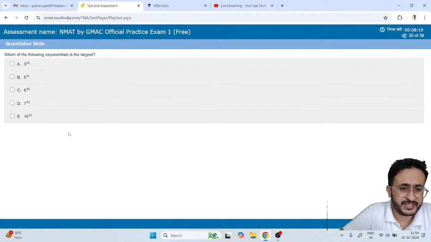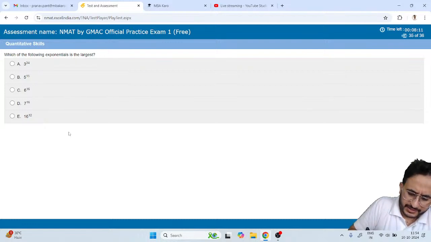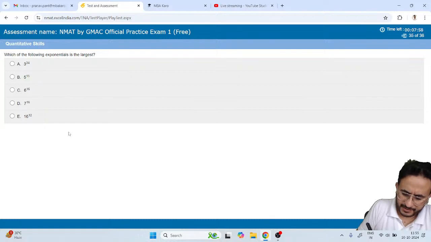We are left with 7 to the power 16 and 16 to the power 12. Now 16 is a large number, but 3 to the power 34 can be written as 9 to the power 17. So we have the options 5 to the power 15, 6 to the power 16, 7 to the power 16 and 16 to the power 12.